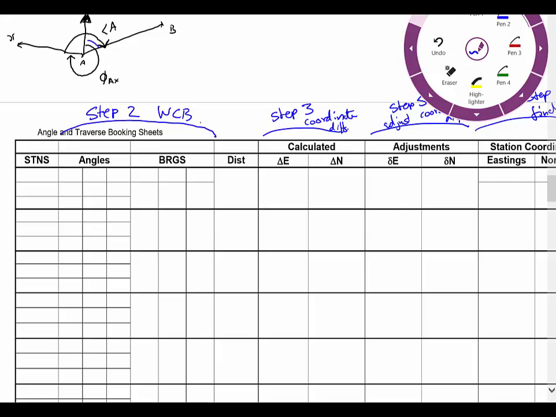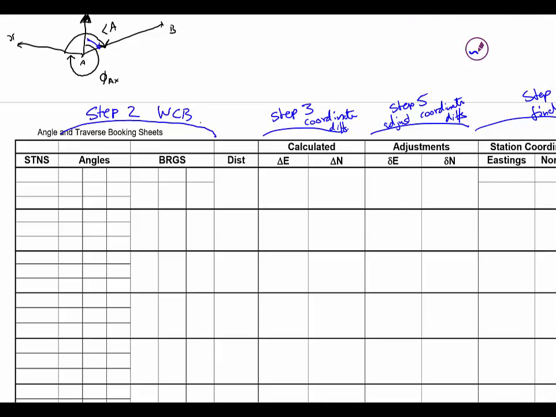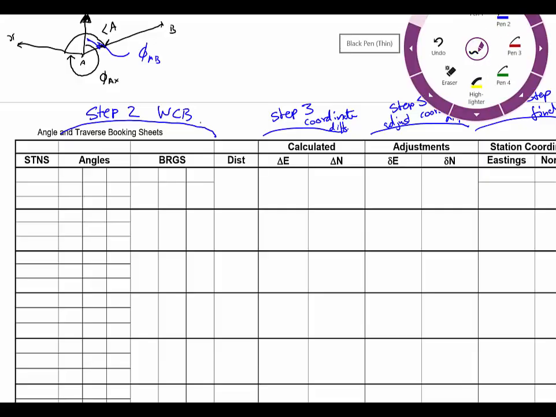Put that in blue here. So this is the whole circle bearing AB, which we can find because we know the whole circle bearing AX and we know the internal angle A. That's what this sheet does. It helps you work out all of the whole circle bearings of all of the lines of the traverse.